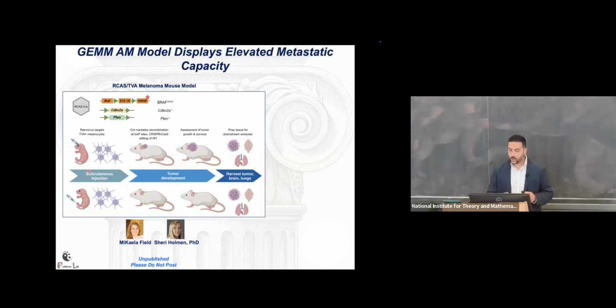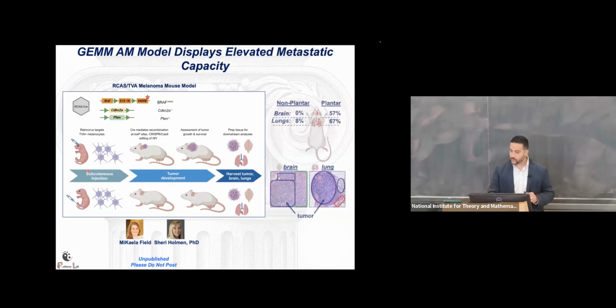Sherry has published quite a few papers inducing melanomas at cutaneous sites. And so we asked her, could you try to induce the transformation of these melanocytes in the foot pad so that we can compare side by side the metastatic capacity? So that's exactly what was performed. And again, we find here that when we induce the transformation of plantar melanomas in a mouse, again, they demonstrate elevated metastatic capacity compared to those non-plantar melanomas.